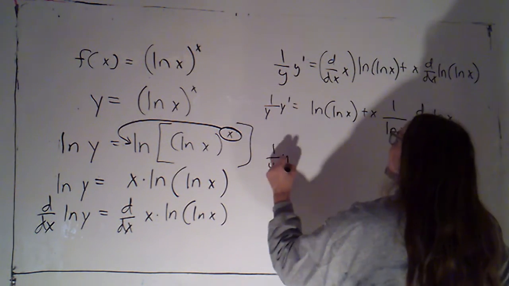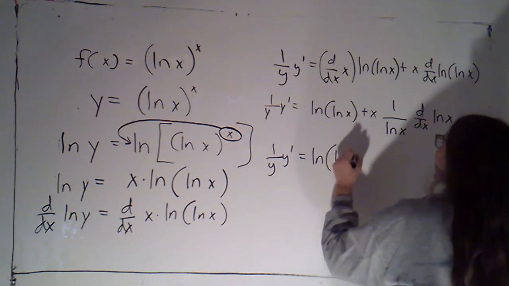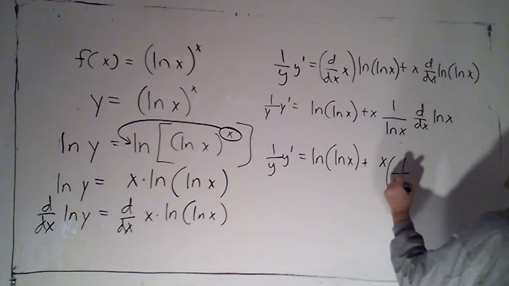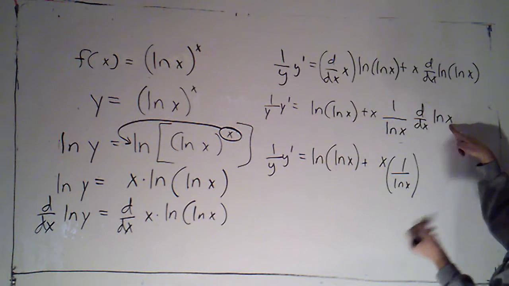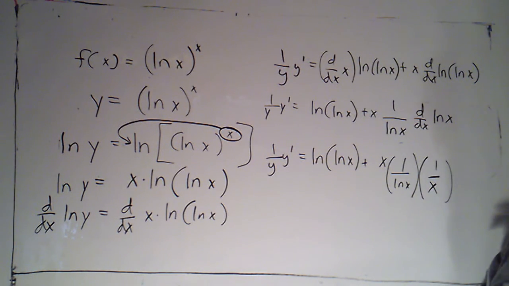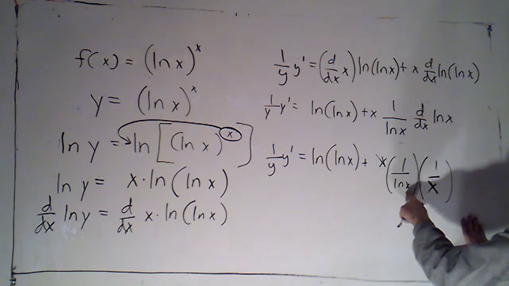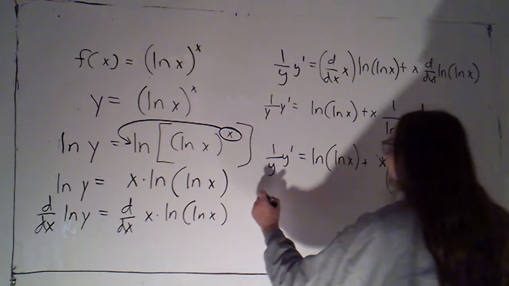So we have 1 over y times y prime equals the natural log of the natural log of x, plus x times 1 over the natural log of x, and then the derivative of the natural log of x is just the reciprocal of x. And I can go ahead and cancel those x's, because since x is plugged into the natural log, I still have the information here that x isn't allowed to be 0.